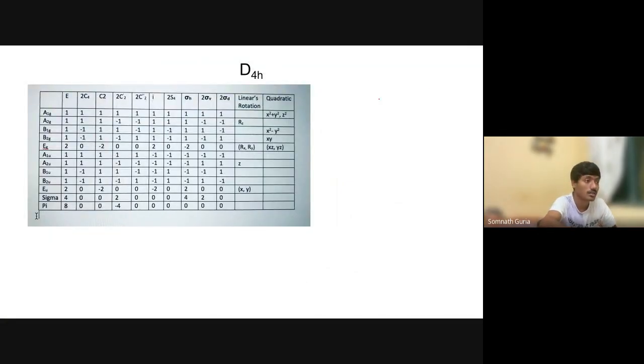You will find it on the internet; I got it from the internet. So this is the character table for D4h point group.